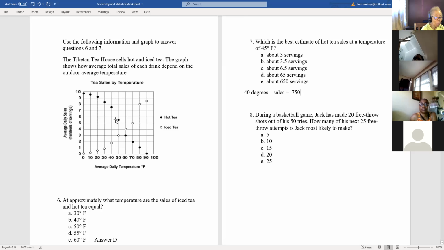Now, let's go to 50. And that's right here. What is that value? That would be between 5 and 6. That's right. So midway between 5 and 6 would be what? 550.